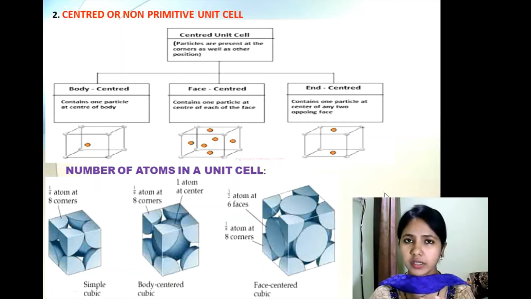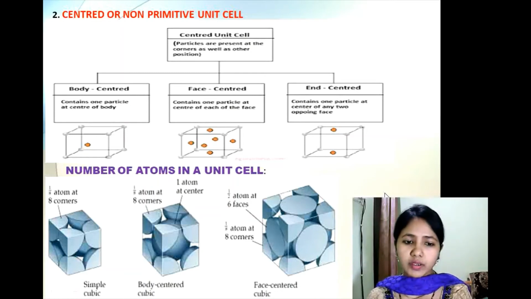So total 8 atoms are there. But these 8 atoms in a particular unit cell must be shared by other unit cells also, because they are joined with each other in a crystal lattice. So each atom at the corner must be shared by 8 unit cells. So what is the contribution of that atom in a particular unit cell? Obviously it is 1 by 8.